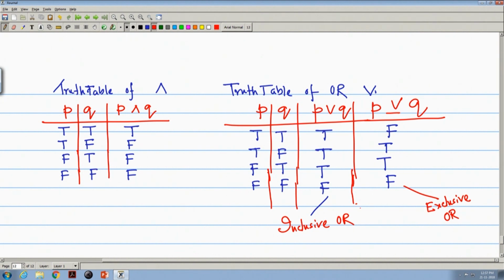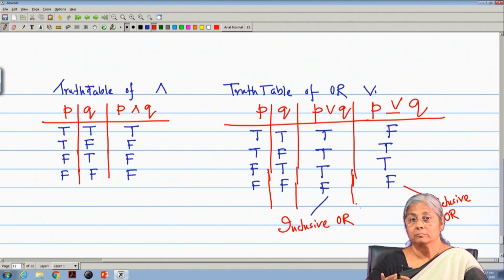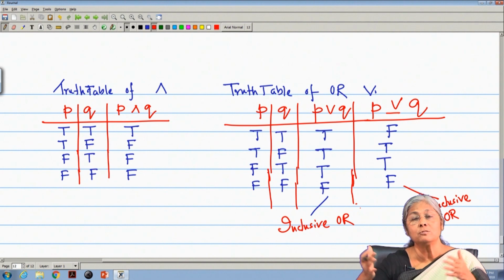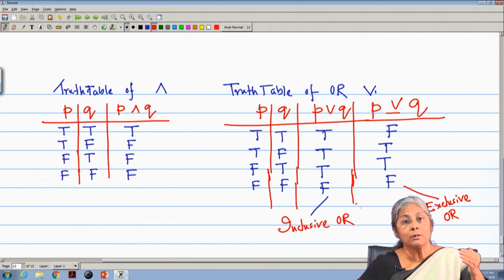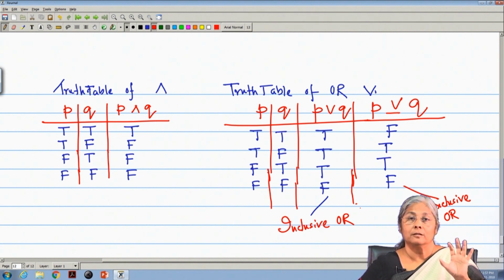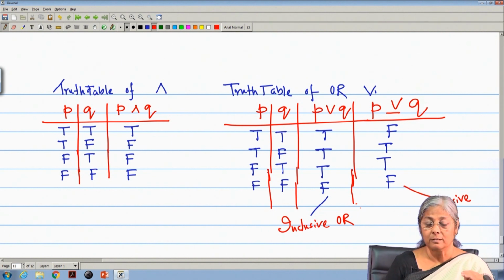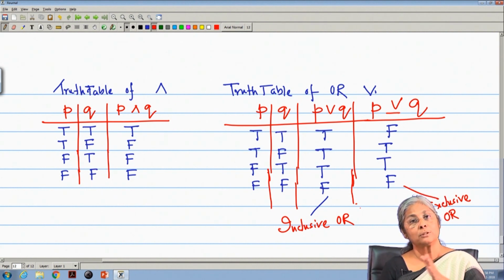Truth table is very important for propositional logic, because it gives the truth values of a complex proposition for all the truth values of the basic or primitive propositions. So, what have we read? We read 3 operations. One is the unary operation, the negation, and its truth table.